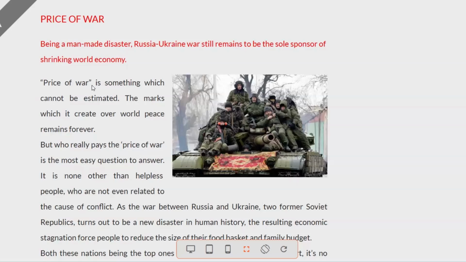In this introductory passage, if you look, only two sentences are there. No need to write more than three sentences. Simply, you can say something about the topic, like the price of war is something which cannot be estimated. The marks which it creates over world peace remain forever. A small 2 or 3 lines about the topic. That's enough. No need to give more details in the introductory passage.